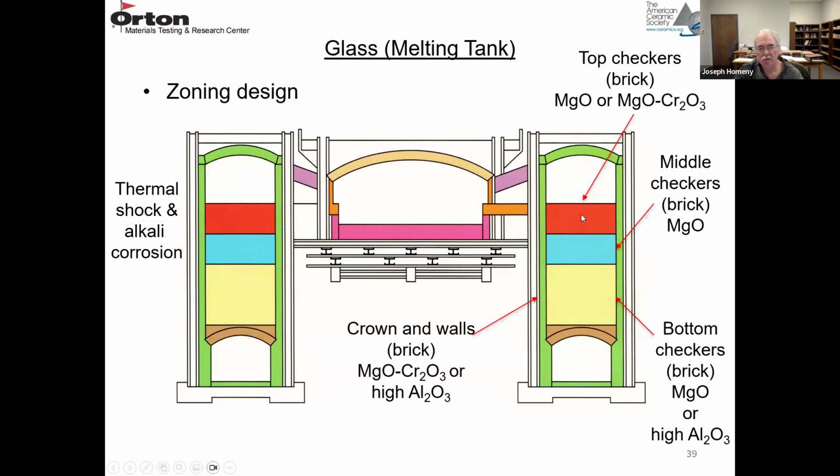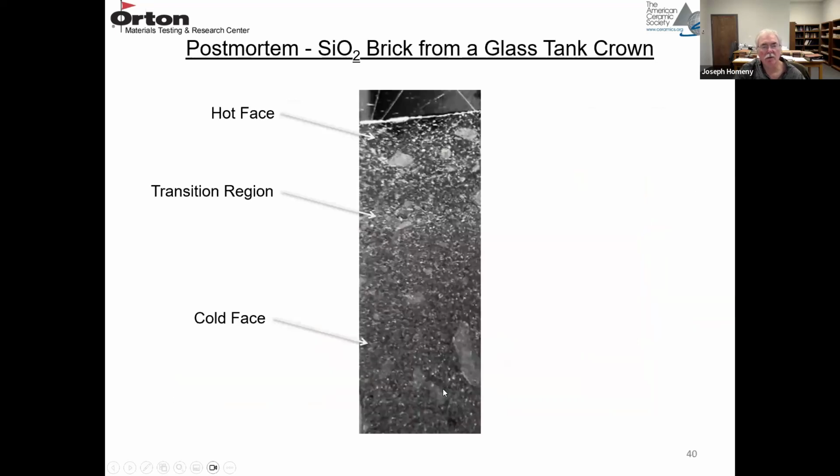That's more resistant to the alkali carryover. In the middle of the checker system, you might have an MgO brick, and in the bottom, where it's cooler, might be MgO or high alumina. And then the crown here and the top and the bottom and the sidewalls are usually an MgO chrome brick or high alumina brick. So that's what the refractories look like in a glass tank.